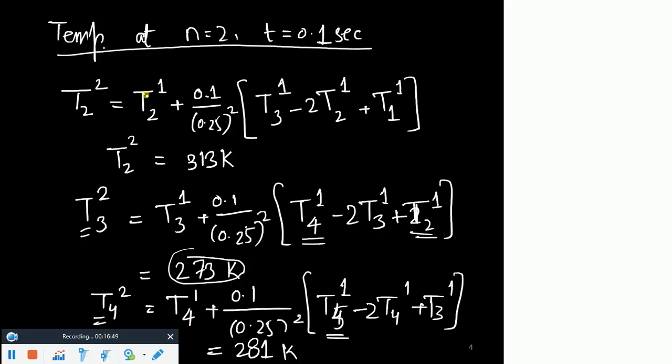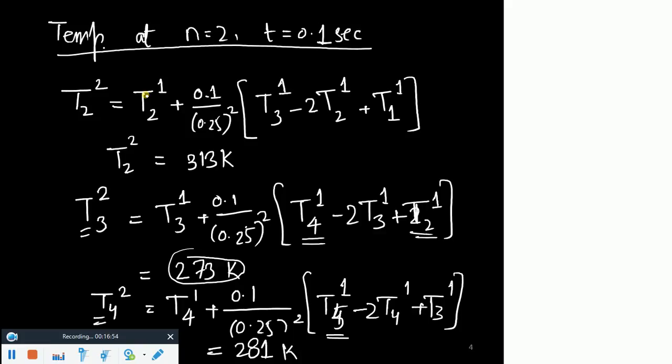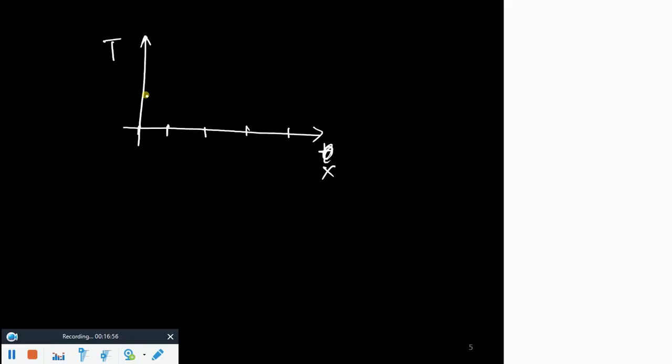Now, why am I putting some doubts on your calculation? Just see. For example, I plot temperature with respect to x. This is x equals 0, and this is node 2, 3, 4, and 5. Now, what is the initial condition at node 1? That was 298.